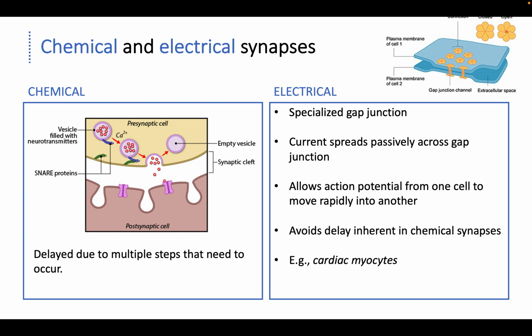You get the rapid movement of ions from one cell to the next through gap junctions that are located in intercalated discs that join two adjacent cardiac myocytes together. In chemical synapses, that transmission of an action potential from one cell to the next takes a lot longer, and so that is not an ideal type of synapse to have in a heart cell in which you're wanting the heart to contract as one functional unit and pump blood very efficiently. You don't get that with a chemical synapse, and so instead you use an electrical synapse, right?